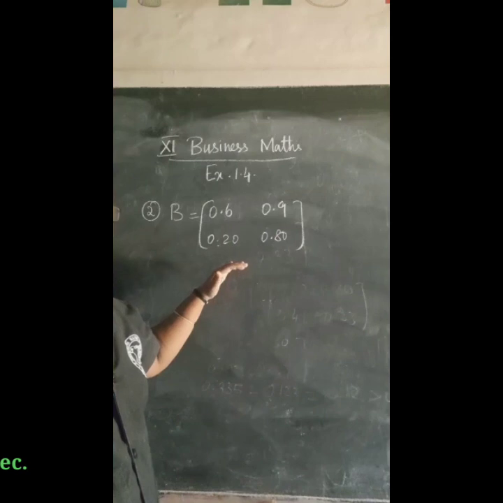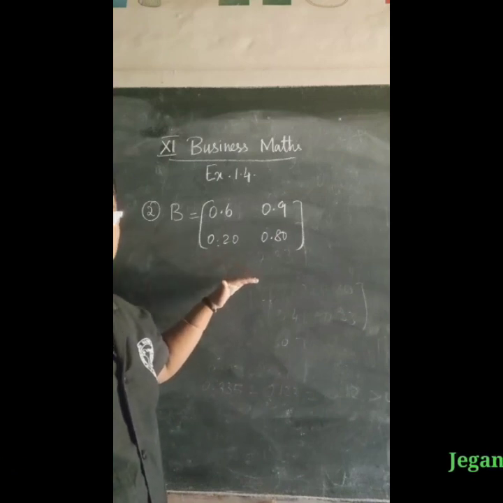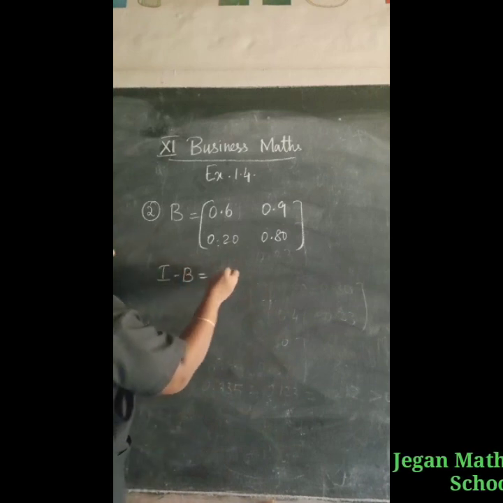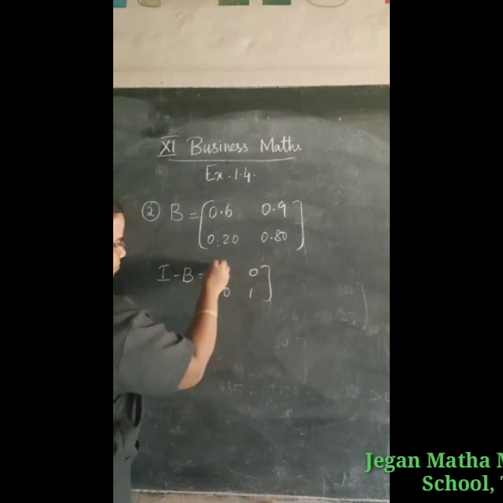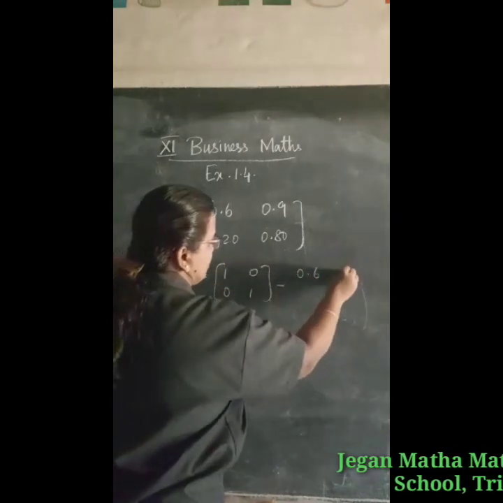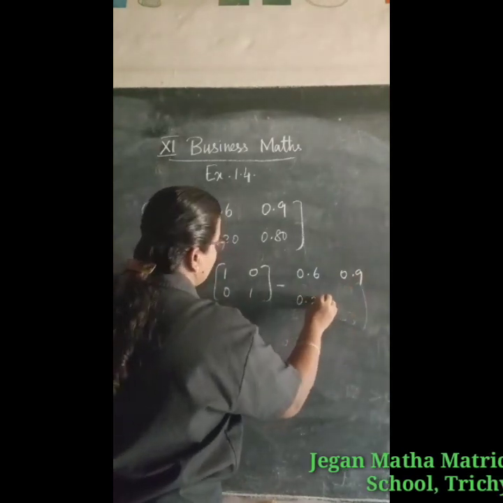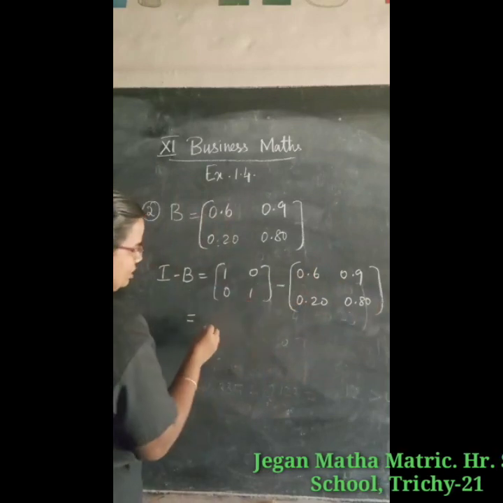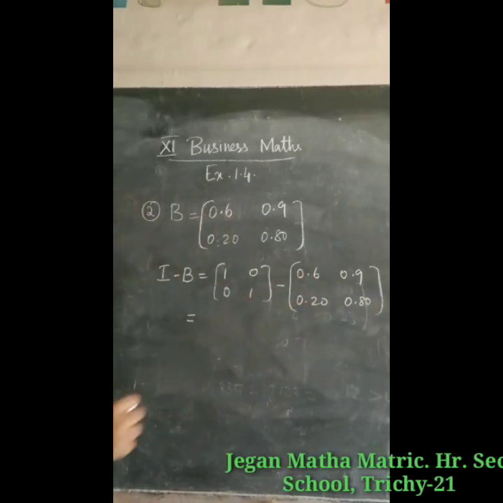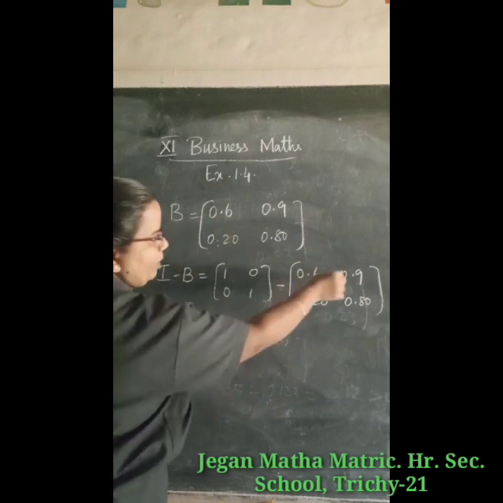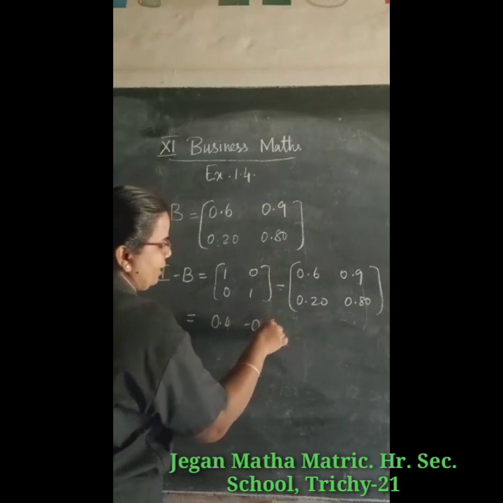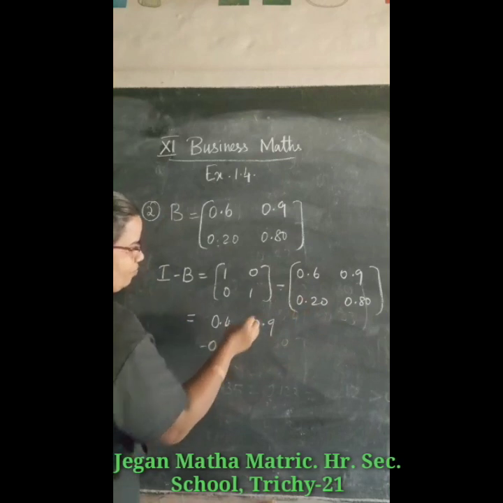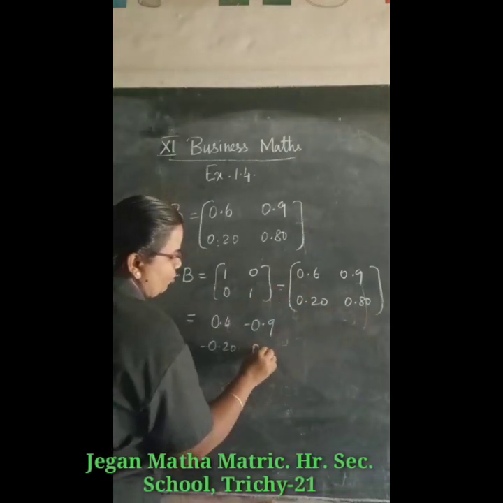First we find I minus B, which is 1 0 0 1 minus 0.6, 0.9, 0.20, 0.80. 1 minus 0.6 gives 0.4, 0 minus 0.9 gives minus 0.9, 0 minus 0.20 gives minus 0.20, and 1 minus 0.80 gives 0.20.